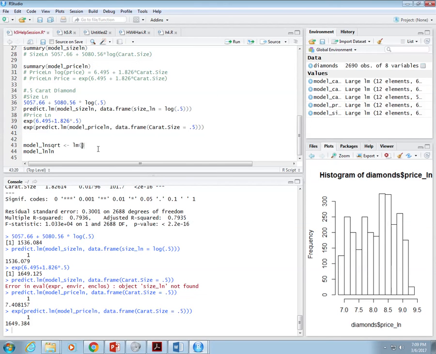A linear model where we're predicting the price log as a function of size square root that equals diamonds, and this one pretty much the same thing, price log is a function of size ln.